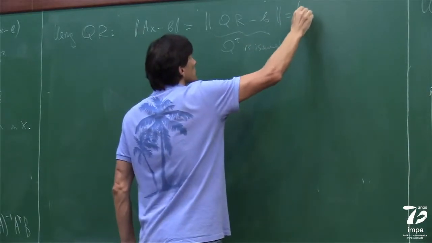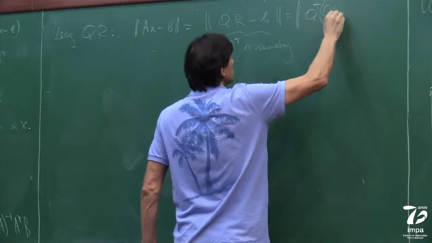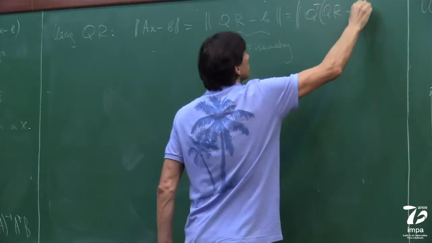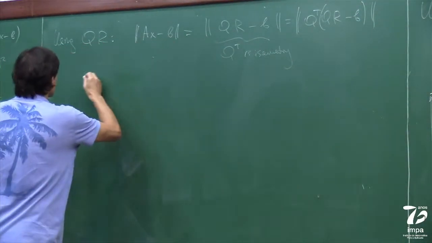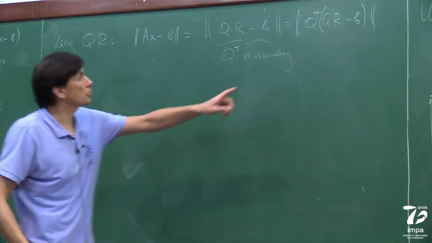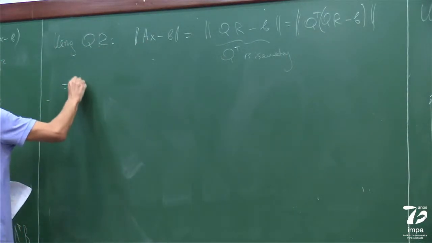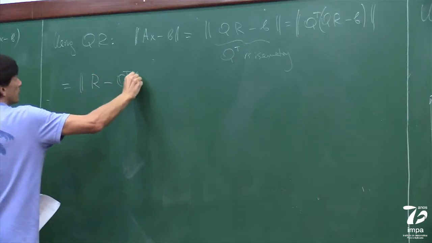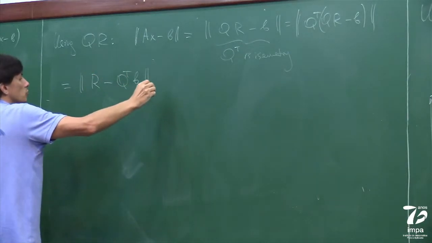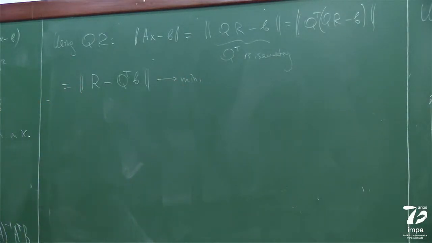So the norm will be the same as the norm after multiplication by Q^T. But Q^T Q is identity because this is an orthogonal matrix. This will be R X minus Q^T B, and this should be minimized. We forgot X, right?